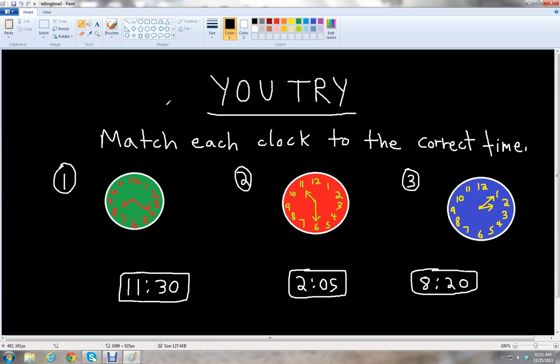Feel free to pause the video to work on these 3 clock problems of telling time, or feel free to rewind the video if you need to review how to tell time, what's the hour hand, the minute hand, and what each of the numbers represent as far as number of minutes. And then we'll go over the answers.